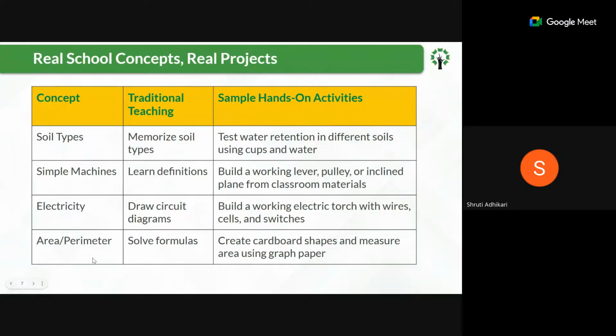Traditional teaching will be just learning the formulas and solving equations with the help of the mathematical formula. A sample hands-on activity can be that they're creating cardboard shapes, actually doing it practically, and measuring the area using graph paper, etc. Right?